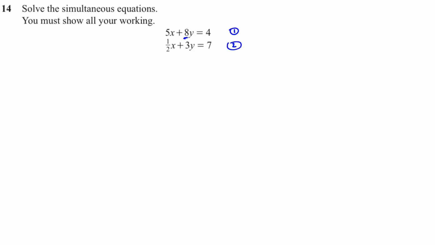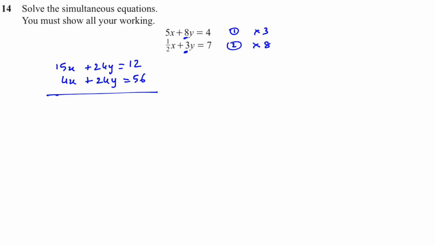The coefficient of y before y is 8. So multiply the second equation by 8. The coefficient of y in the second equation is 3. So multiply by 3 the whole equation. You will get 15x plus 24y is equal to 12. When I multiply by 8, I'll get 4x plus 24y is equal to 56.